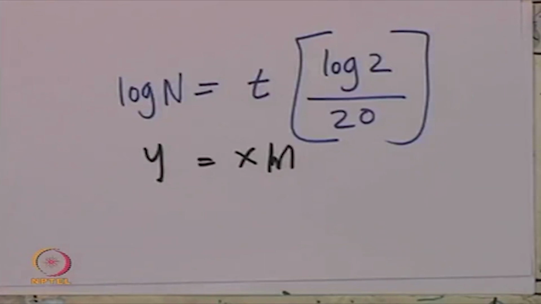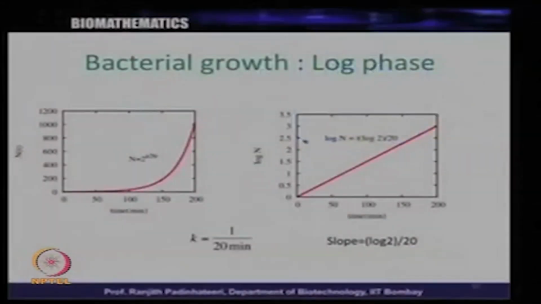So, let us see this plot. Look at the plot on the left hand side, which is n is equal to 2 power t by 20, and on the right hand side you have log n versus time, and you get a straight line. The straight line is passing through 0, because y is equal to mx is a straight line passing through 0.